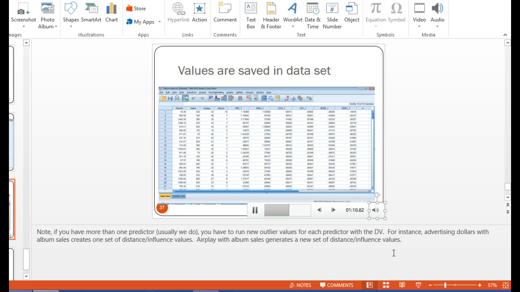So we would run advertising dollars, regressing album sales on that, and then we regress album sales on airplay as well. And we would be saving those outlier indicators along the way on each analysis. So it can get a little bit complex.